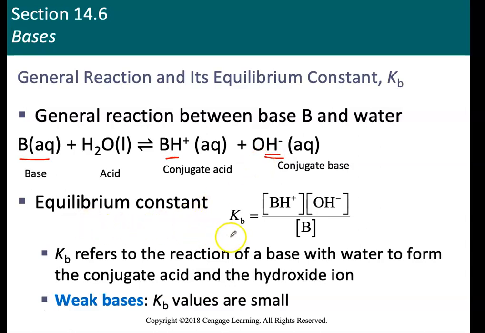So the equilibrium constant this time will be Kb instead of Ka. It'll be the concentration of BH plus multiplied by the concentration of OH minus over the concentration of the base. Now, for weak bases, you'll find that Kb will be very small. That's the same as what we have already seen for weak acids.